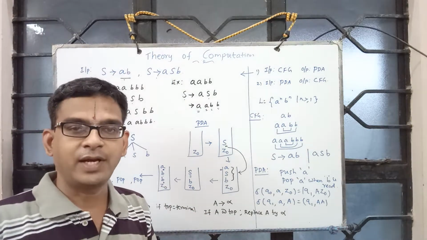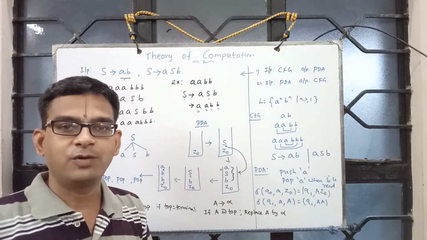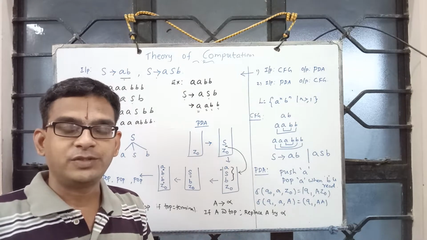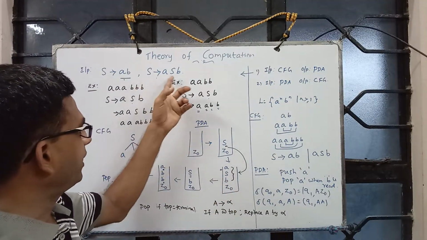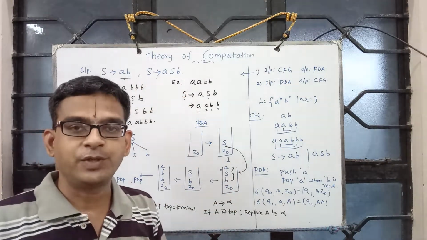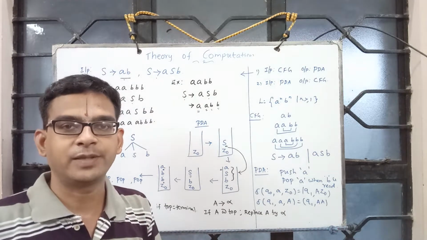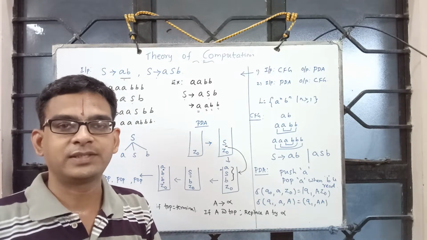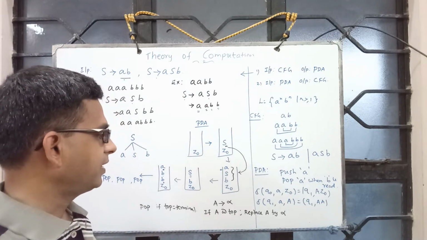One is when you see a non-terminal, go for push, and when you see a terminal, go for pop. But when you see a non-terminal, for example in this case, you may find more than one production. So which one should you look for to replace? What we design is a non-deterministic machine. Simply guess and go for the right production. Fine.